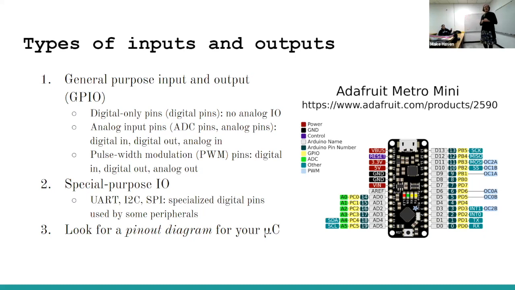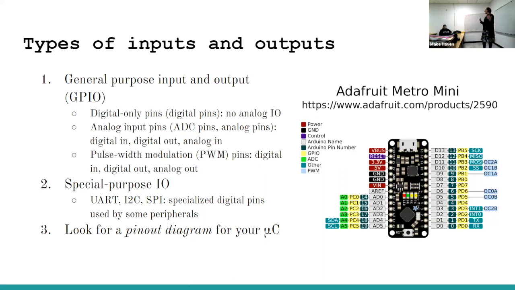The third kind of thing that you might see is a pulse width modulation pin, which, as I mentioned earlier, is a way of converting digital signals into analog signals. What that does for you is it lets you create an analog output. For example, if you were driving an LED and you wanted to change its brightness, brightness is an analog value, because it's not just 0 or 1.